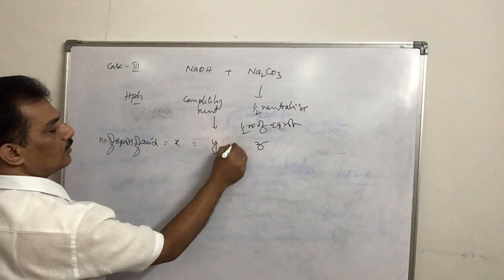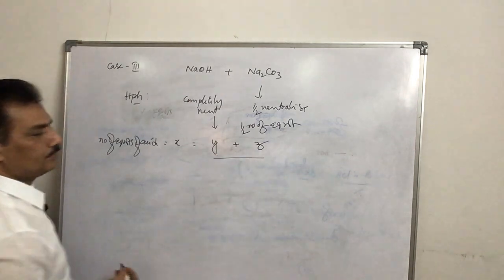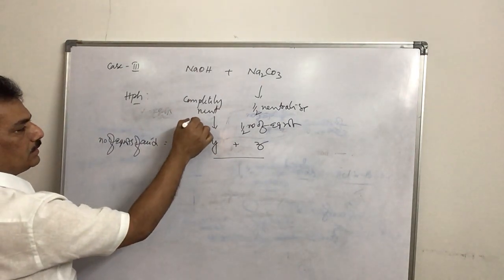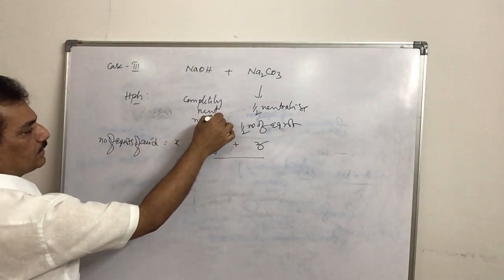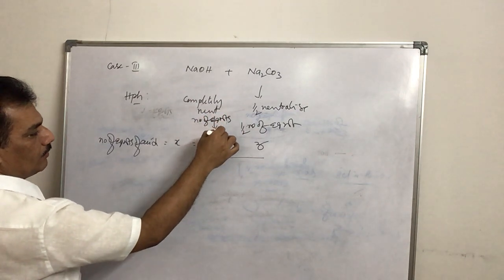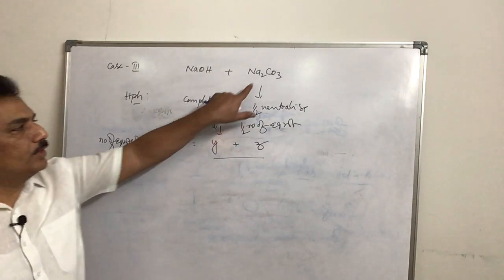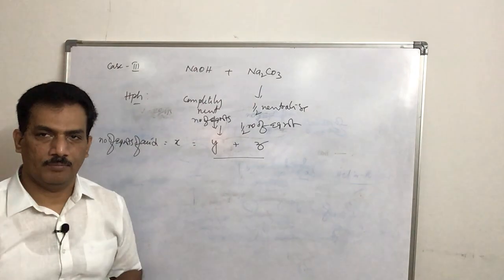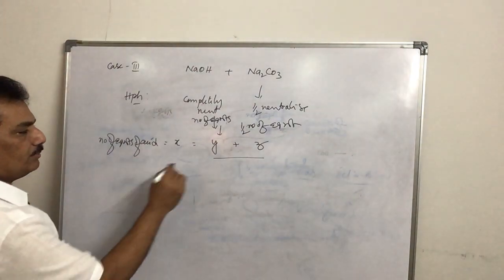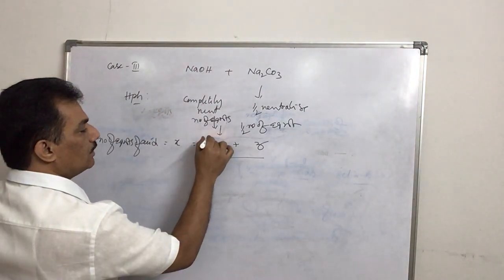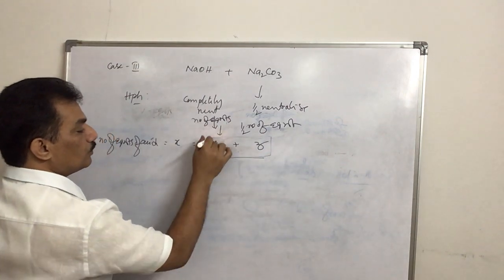Then X is equal to Y plus Z. Since it is completely neutralized, the number of equivalent weights for this is Y, and half of the equivalent weights of this is Z. Clear?